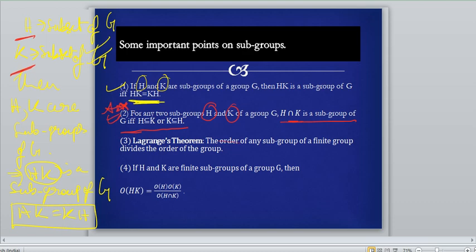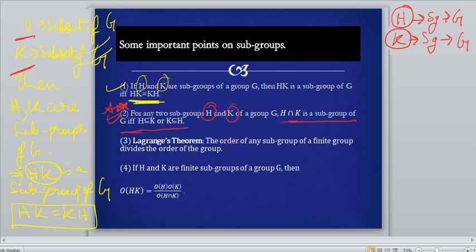There are two subgroups, H is a subgroup of G and K is also a subgroup of G. So both of them are subgroups of G.